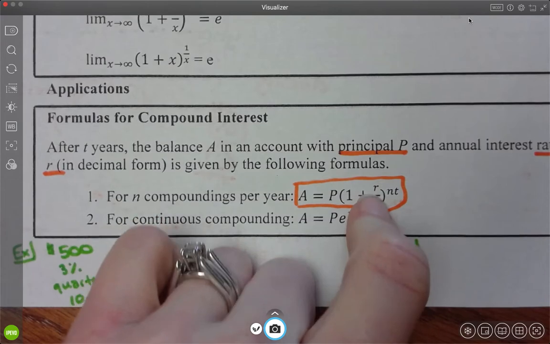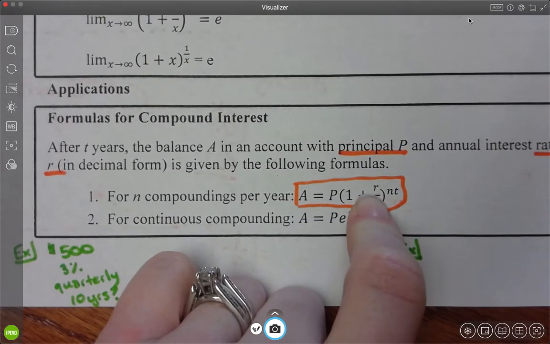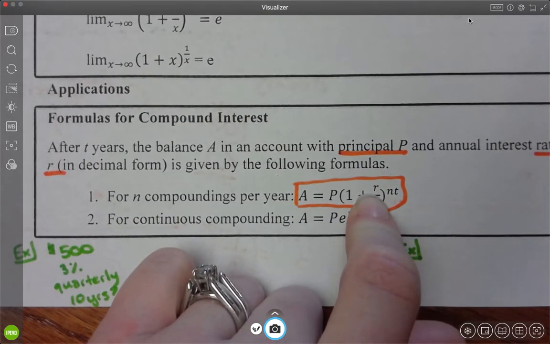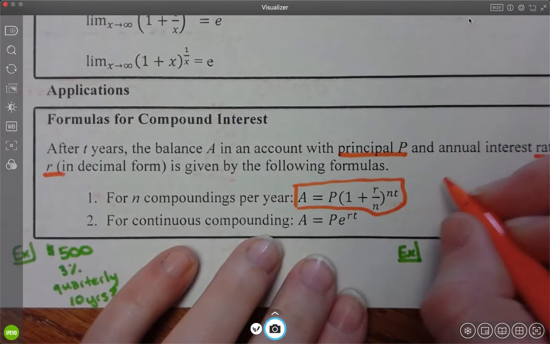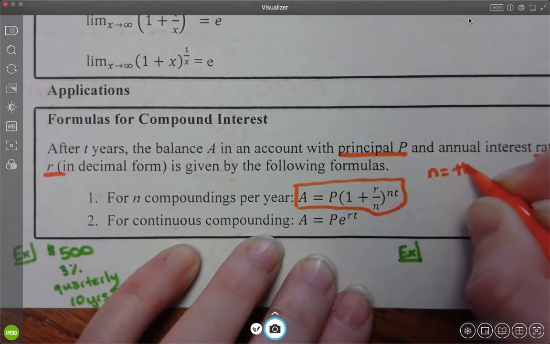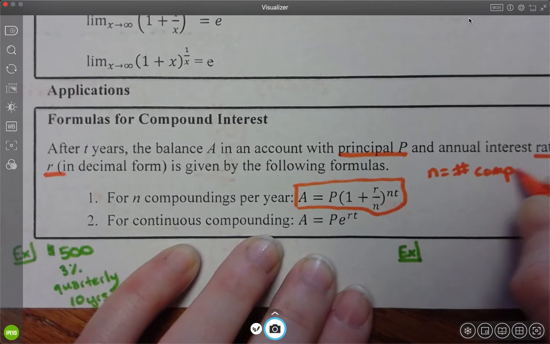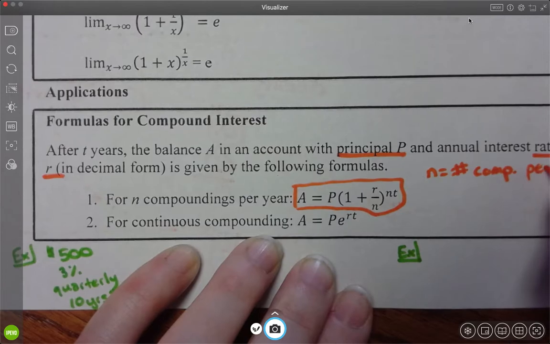So that's like earning an interest rate of 3%, even though in a bank you probably would earn maybe 0.3% if you're lucky, okay? n is going to be the number of times it's compounded, so the number of compounds per year, okay?